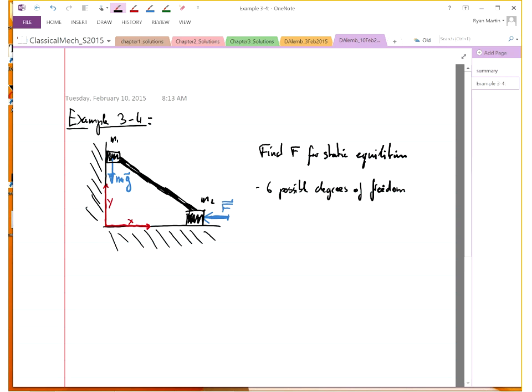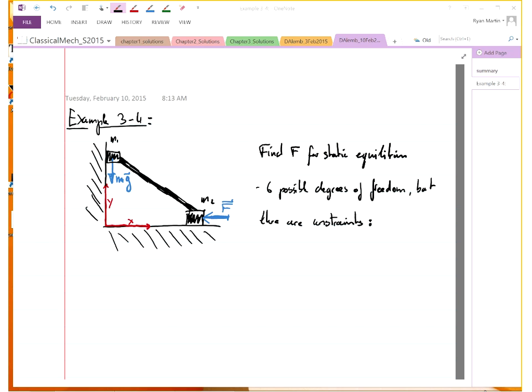But this system looks constrained, so let's see how many constraints we can write down. So first of all, let's restrict the problem to the plane.